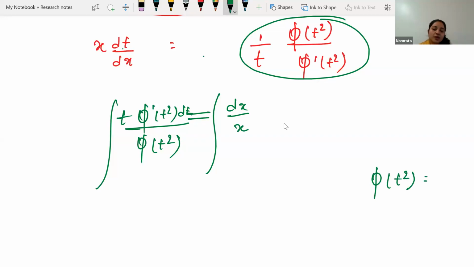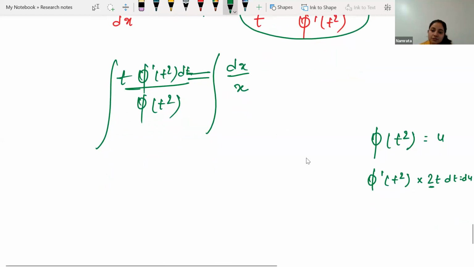Let's see. If we take phi t square as u, we will have phi dash t square times the derivative of t square, which is 2t. Chain rule we are applying over here. That dt is equal to du. So the numerator we have got exactly, only this 2 is extra, so we will shift this 2 to the other side.